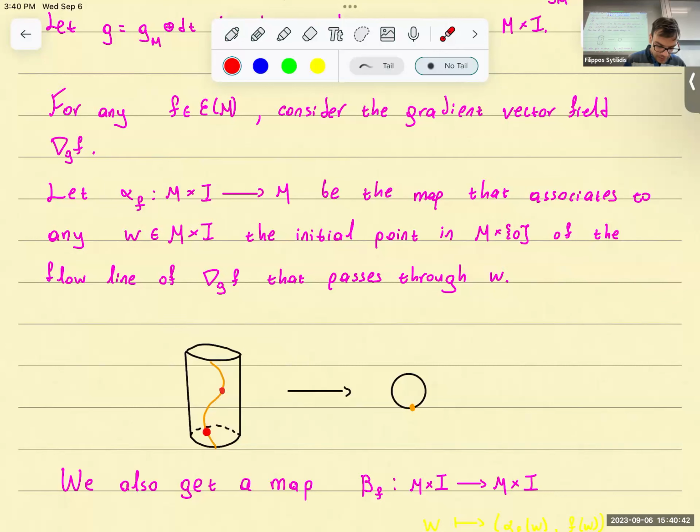Then look at where this flow line takes this point in the base. Here, it will take it to this orange point. That's the image of the map. So the map alpha of F takes this point W and maps it to the initial point in M cross 0 under the flow line that passes through W. That's what this map does.